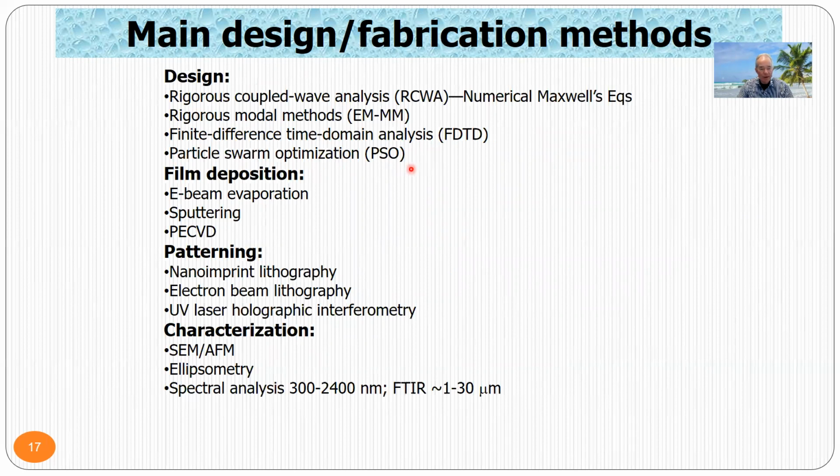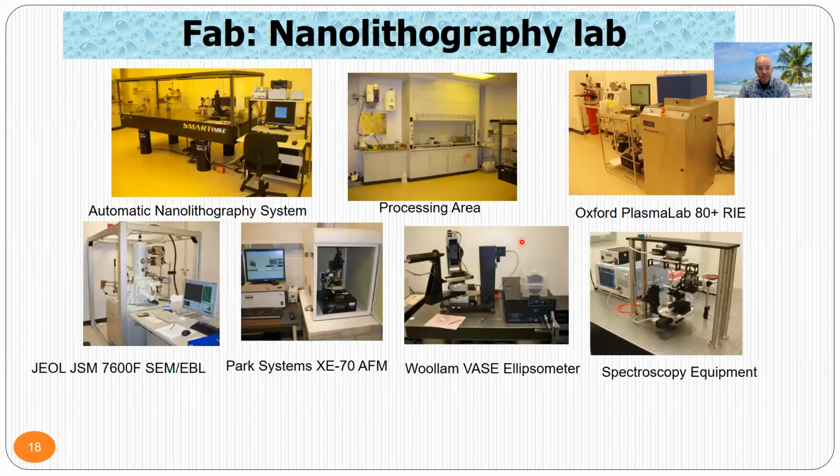That's one example. We do film deposition with e-beam evaporation, sputtering, and PECVD. We do patterning fundamentally with nanoimprint lithography or UV laser holographic interferometry, sometimes with e-beam. And we use SEM, AFM, ellipsometry, and spectral analysis to characterize these devices.